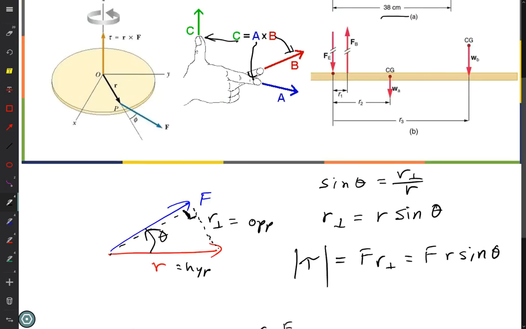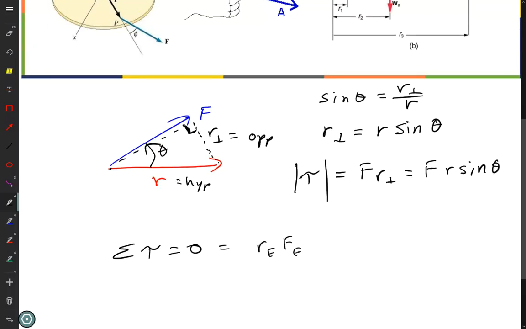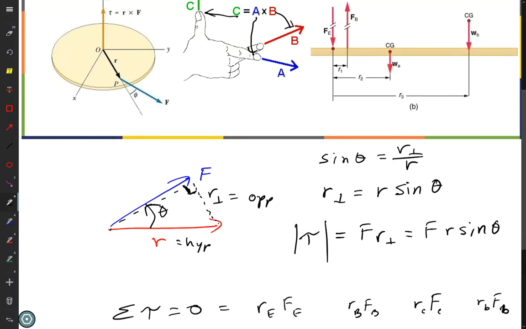I'm going to write these all down without putting signs. I put them without signs because there's another question to ask. But how can I make that first one 0 if we know the force of the elbow is not 0?